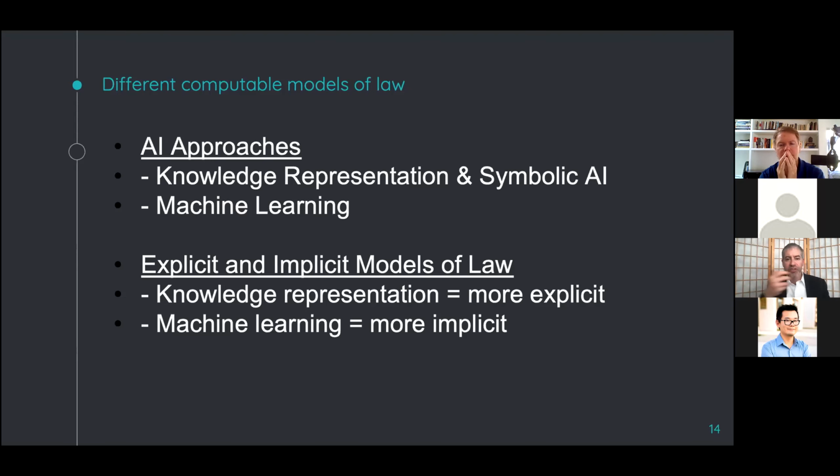Okay, another example of computable law that's been very successful is what's known as computable contracts. We started seeing this in the financial industry about 20 years ago, where when you wanted to purchase a security, it used to be on paper, written in English, legalese, intended for other humans to read.